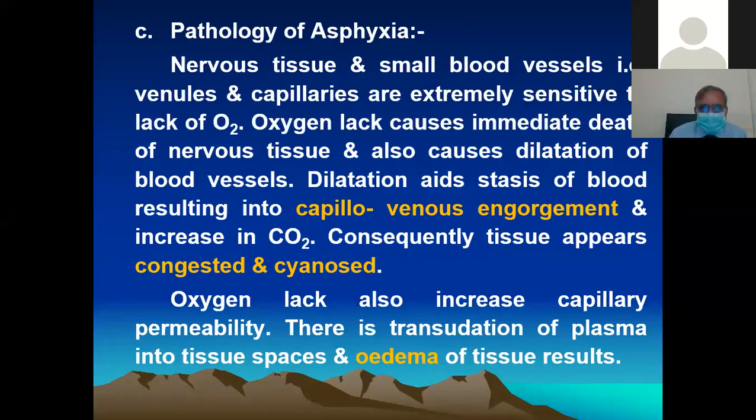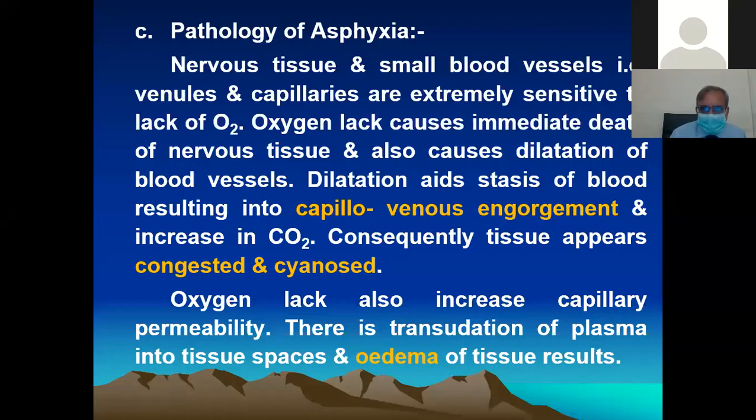Pathological changes: with reduced oxygen, the most sensitive parts are the brain or nervous tissue and the blood vessels. In the brain, the tissue may be damaged, and if the oxygen supply remains suspended for more than 3 minutes, the brain tissue becomes dead.